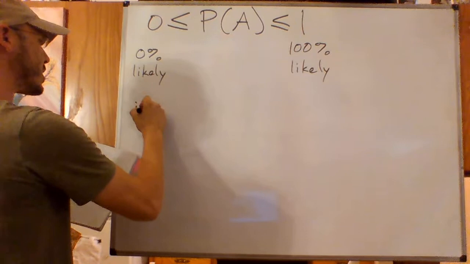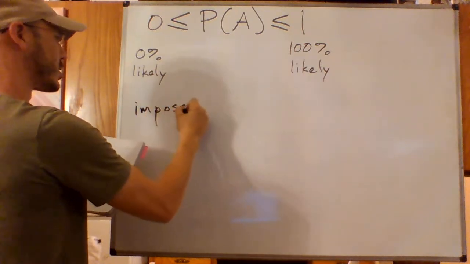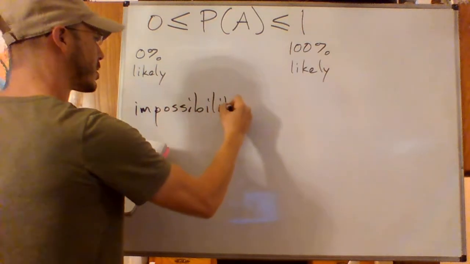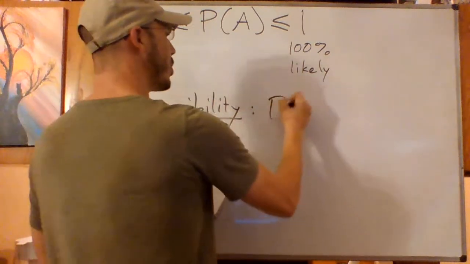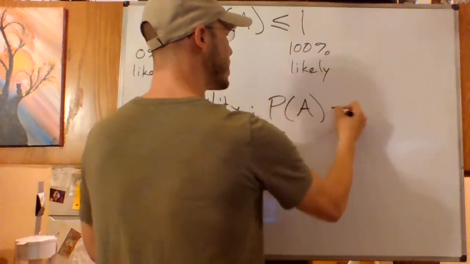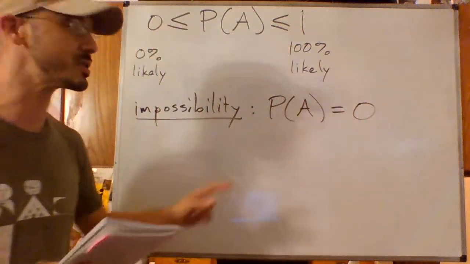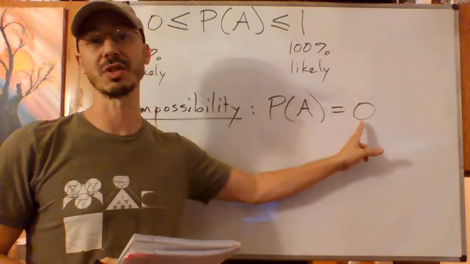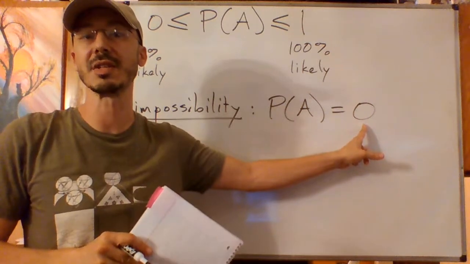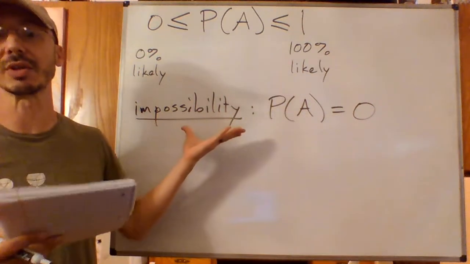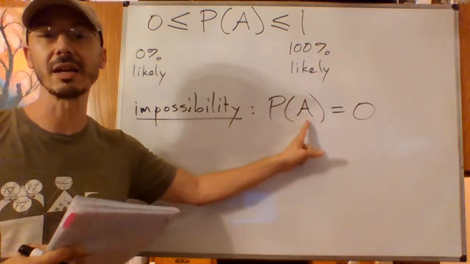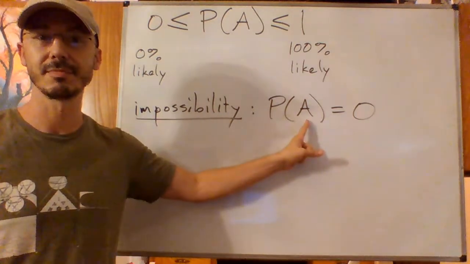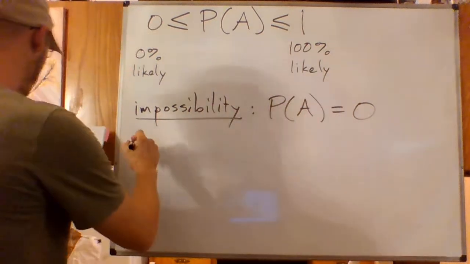First of all, the impossibility is when P of A is equal to 0. There is 0 probability or 0% chance of this happening. It's called an impossibility. It just means that event A never happens if the probability is 0.